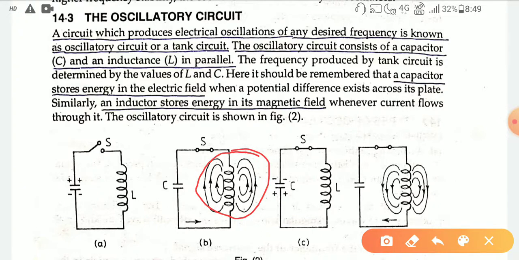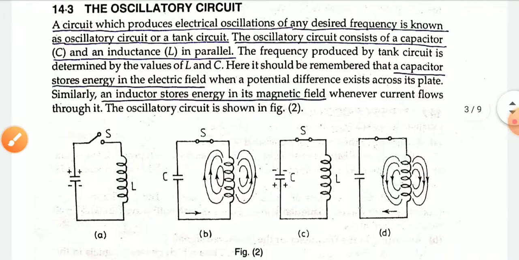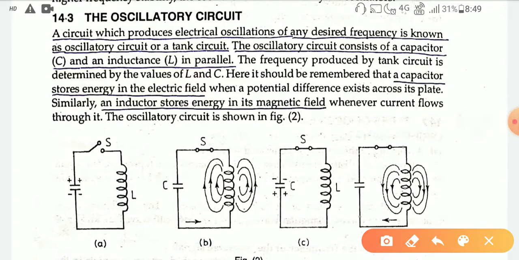Now the inductor continues to refuse that, and for this reason, in figure C, the upper plate of the capacitor has a high concentration of electrons and the lower plate has a high concentration of holes.